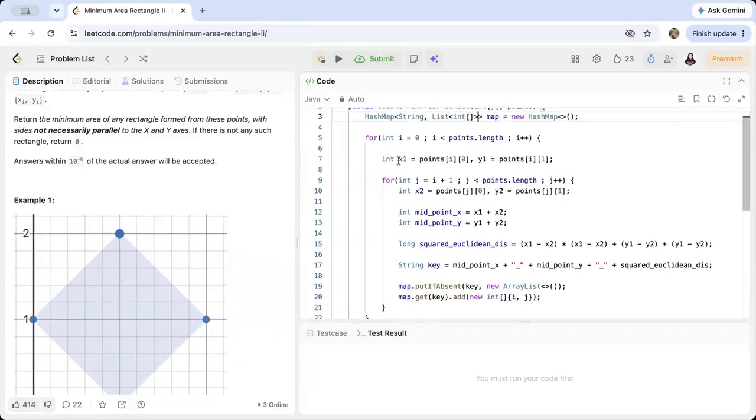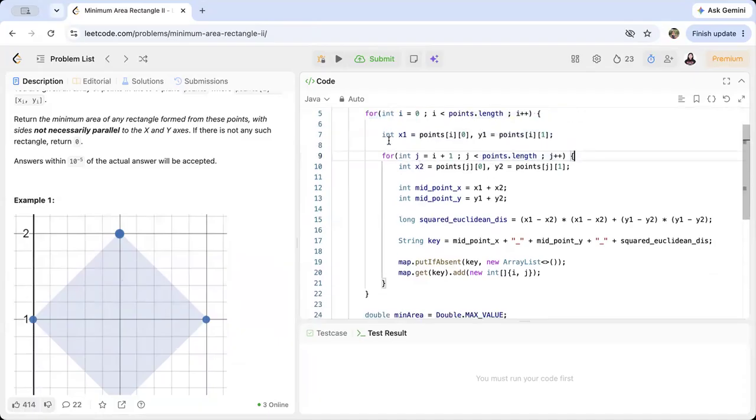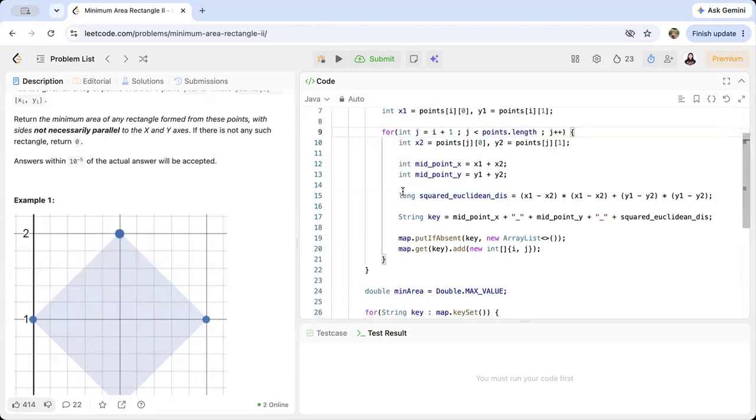So what we do is we use a nested for loop in which we generate all the possible pairs of points, and then we calculate the midpoint. By the way, the formula says the midpoint x coordinate is x1 plus x2 by 2. But here, to avoid floating point arithmetic errors, we have just used x1 plus x2, and in here, y1 plus y2.